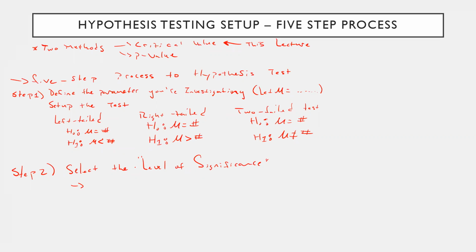So in every single problem, you're going to see something like test at the 0.05 level of significance. So this will always be given, so this is easy. And it'll end up being something like alpha is equal to 0.05, okay? Or alpha is equal to 0.01, okay? One of those two generally.